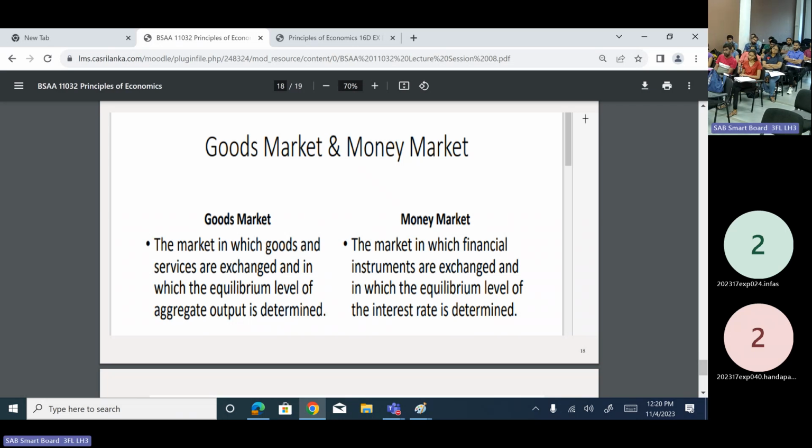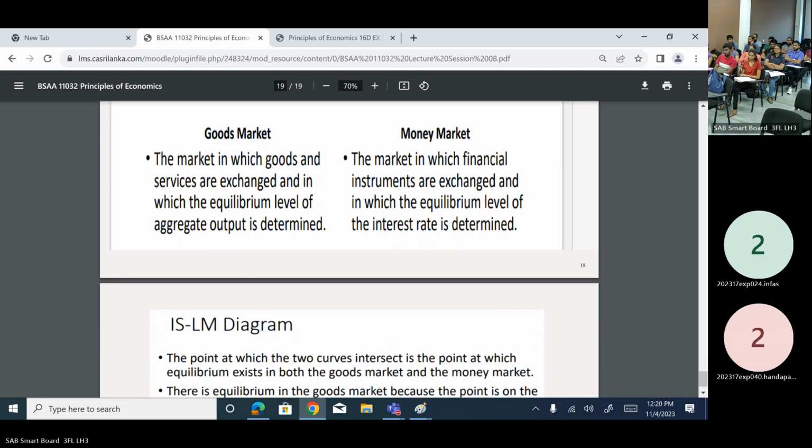The monetary flow for factors, the monetary flow for the work you do. So the money flow will have money demand and money supply.